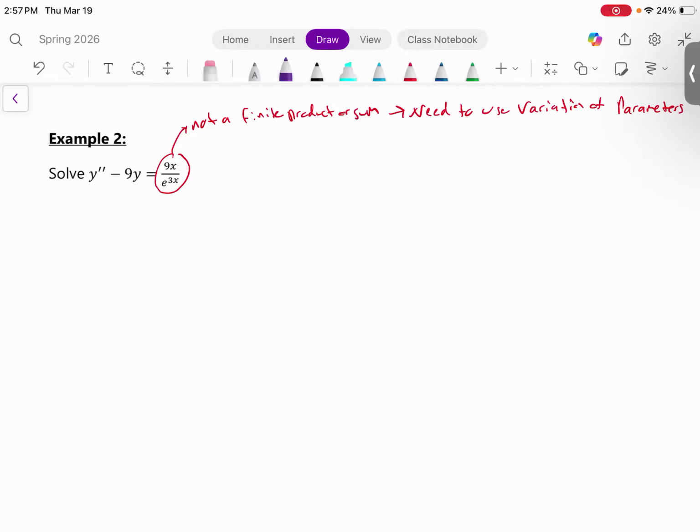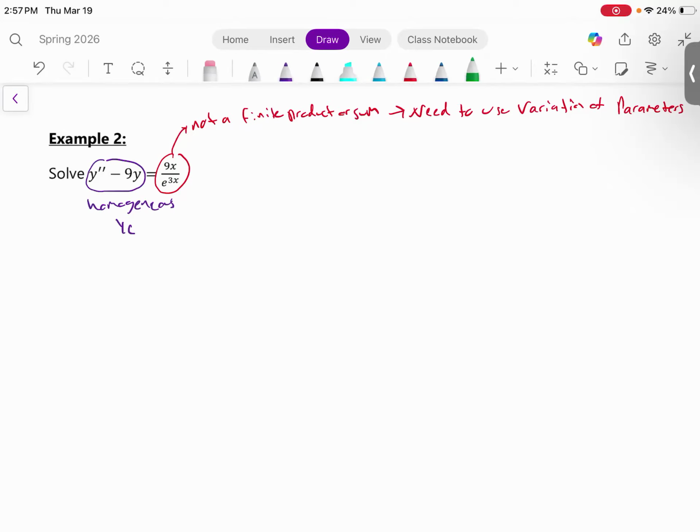Just always remember some key components: this y double prime minus 9y is the homogeneous component of our differential equation. That's where we obtain our complementary solution.